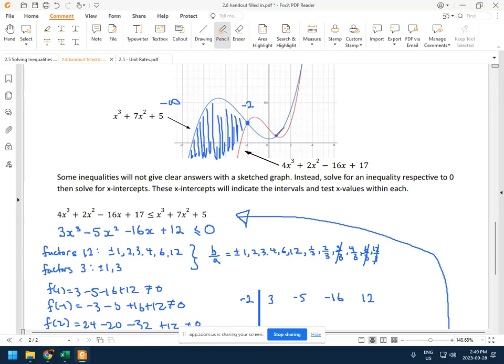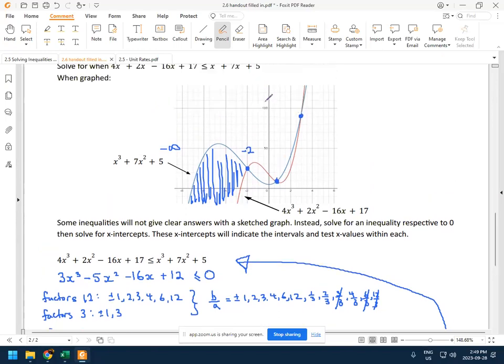And then from here to there, this must be 2 over 3, and that must be an x value of 3. Here, that red line is underneath the blue line. So graphically, sometimes it's very difficult to see.